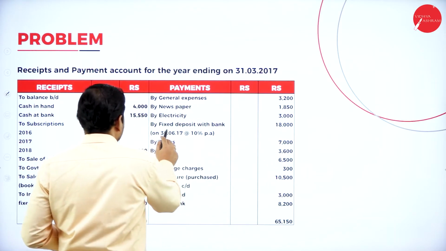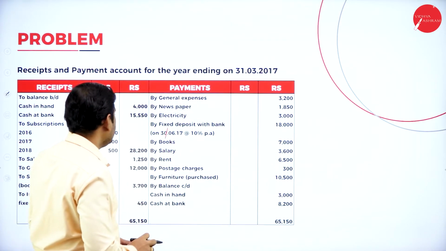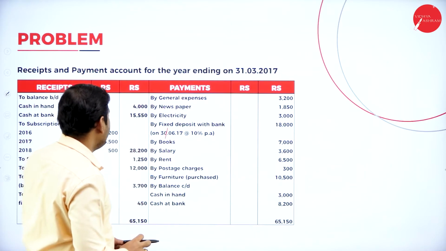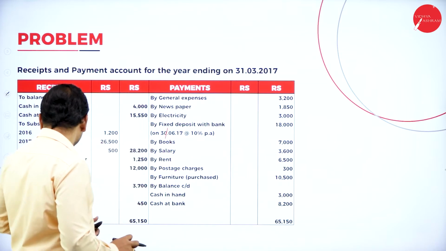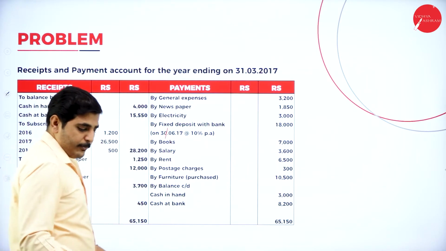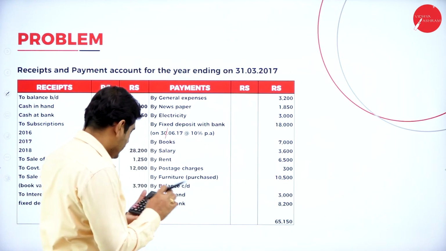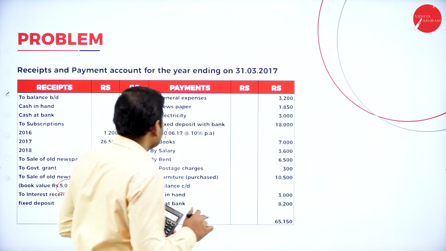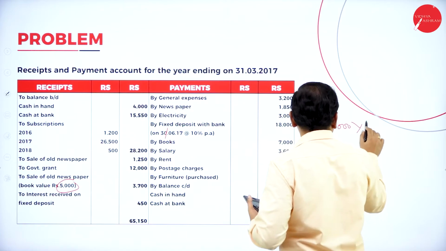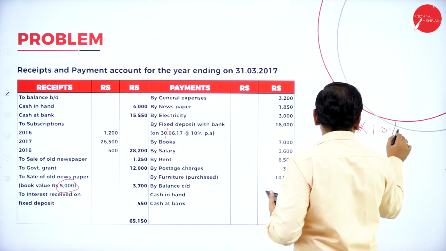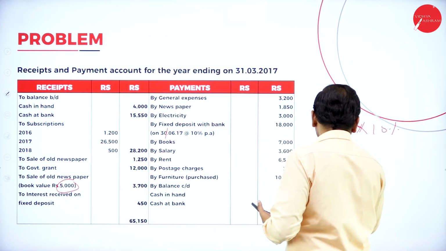When we have taken the fixed deposit on 30th June 2017, at 10% per annum, let's calculate the interest from fixed deposit; it is only 450. So what is the actual fixed interest we should receive? On 18,000, at 10% rate of interest, it is 1,800.